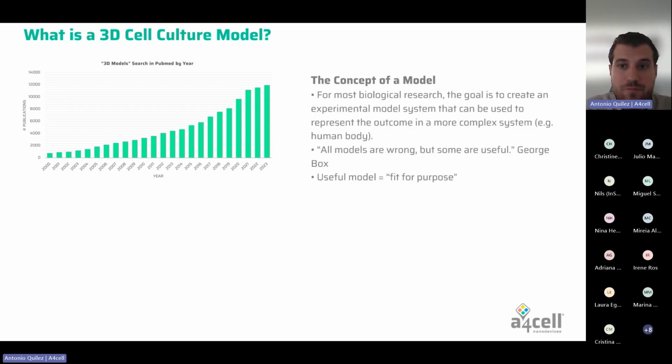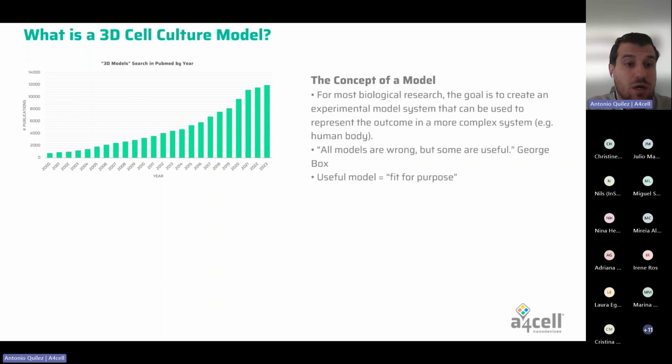And I asked myself, okay, let's see what the concept of a model is, and what we want basically is to create an experimental system that can represent something we want to study. And I really like this quote that says that all models are wrong, but some of them are useful. So we need to find the purpose to fit our model to our purpose.